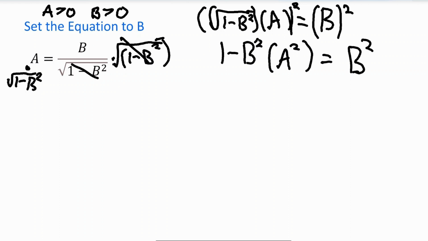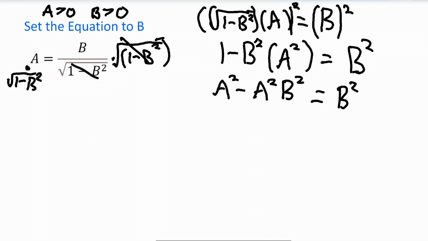Okay, so we have this now. How can we simplify this? Let us distribute the a squared to these two terms. That gives us a squared minus a squared b squared equals b squared. Now what do we want to do? What you always want to do is put the same terms together.